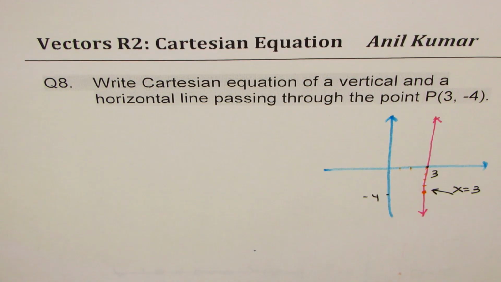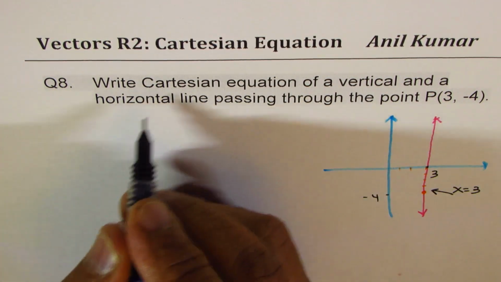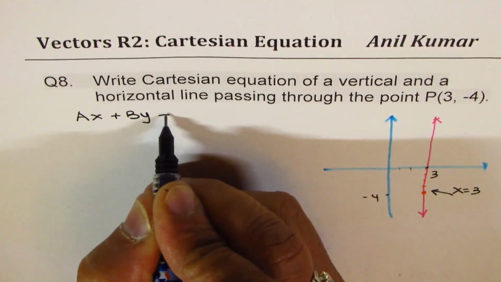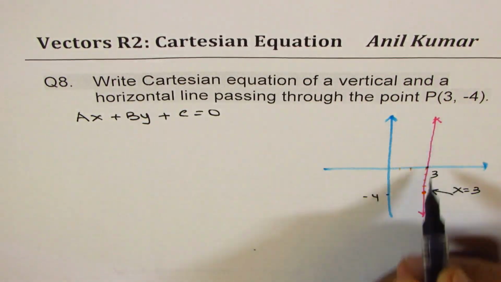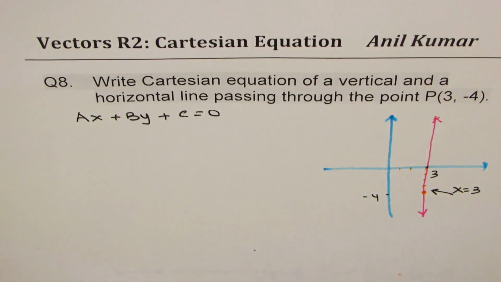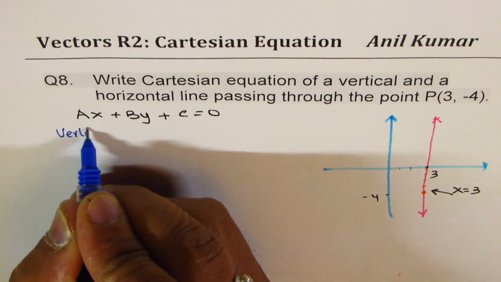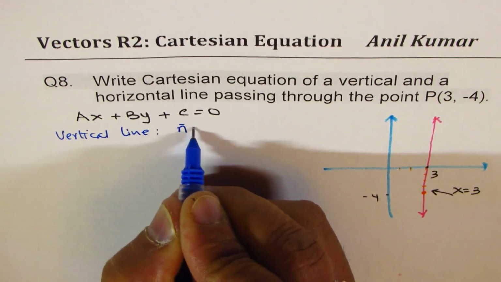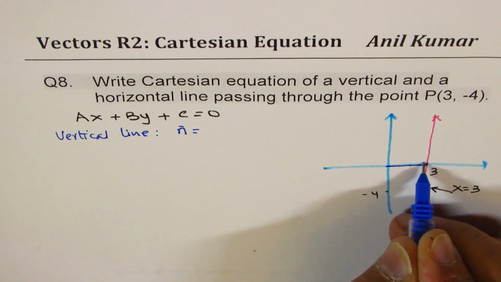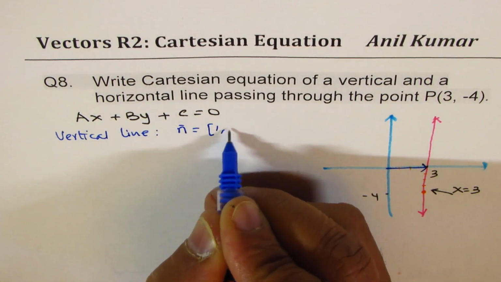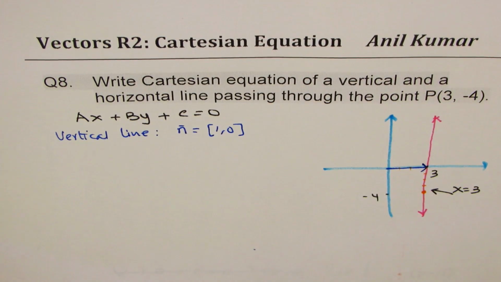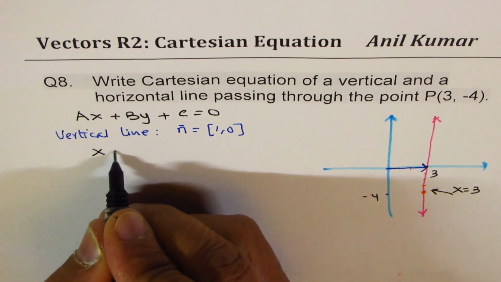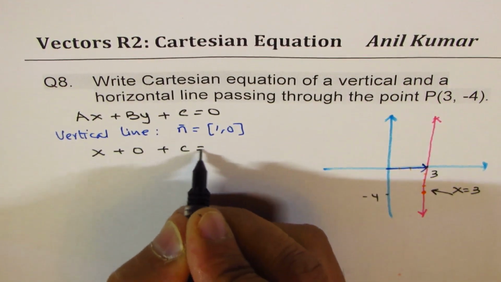Anyway, let's see how to write the Cartesian equation. So we know the Cartesian equation in general is ax plus by plus c equals 0. And for a vertical line, what is the normal? Well, if the line is vertical, the normal will be this, right? That is to say (1, 0) is the normal. Perfect. So if I substitute a and b as 1 and 0, I get x plus 0 plus c equals 0.